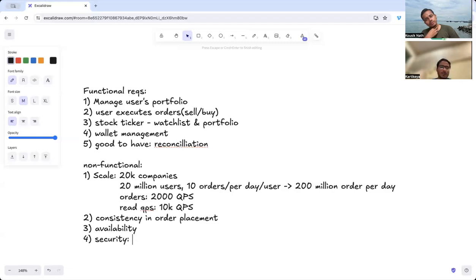We can have an ACL management system, where only one service has the right access to this particular database, and there can be other services which have read access. Those are very generic things, mostly available in all kinds of systems. But we can talk about them if we have time.